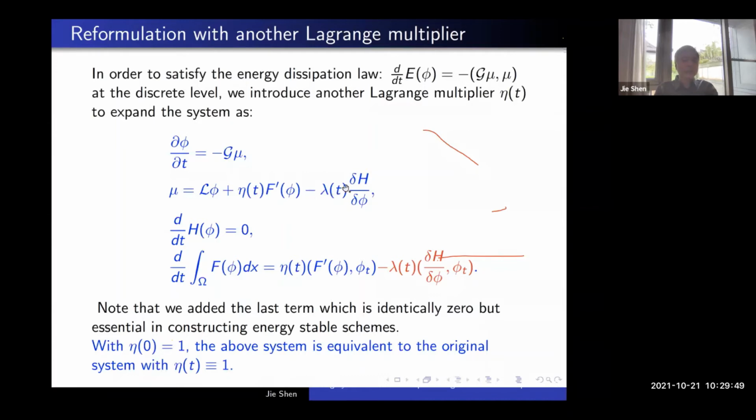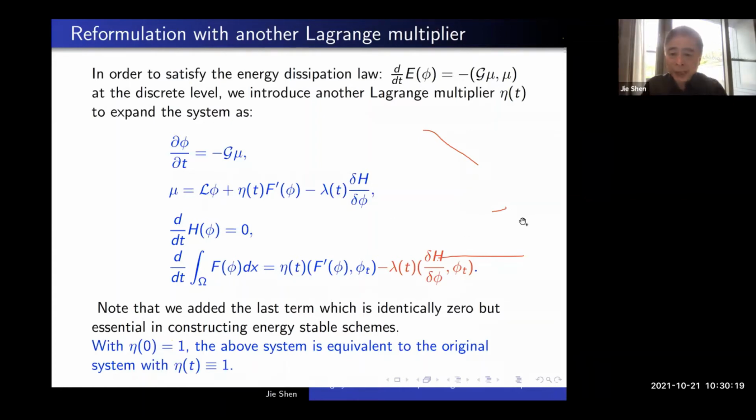And for lambda(t), it depends on whether this constraint is an implicit constraint or not. For example, in the nonlinear Schrodinger equation, the mass conservation is implicit, which means lambda(t) is identically equal to 0. If it's not an implicit constraint, then lambda(t) is a Lagrange multiplier.